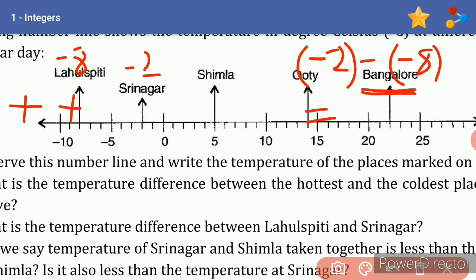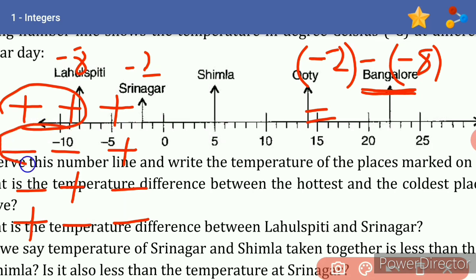Plus plus becomes plus, minus minus becomes plus, plus minus becomes minus, and minus plus becomes minus. If the signs are the same, we do addition, and if the signs are different, then we do subtraction. So here we have minus 2 minus 8, so we do minus 2 plus 8.